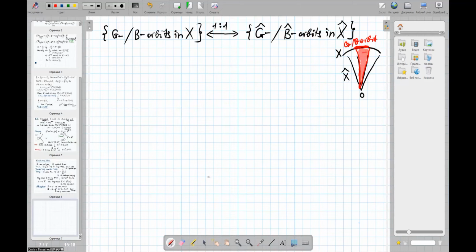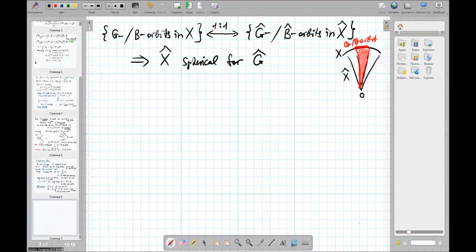Okay. In particular, this implies that X hat is spherical for the action of the group G hat. Because sphericality means existence of an open B orbit.